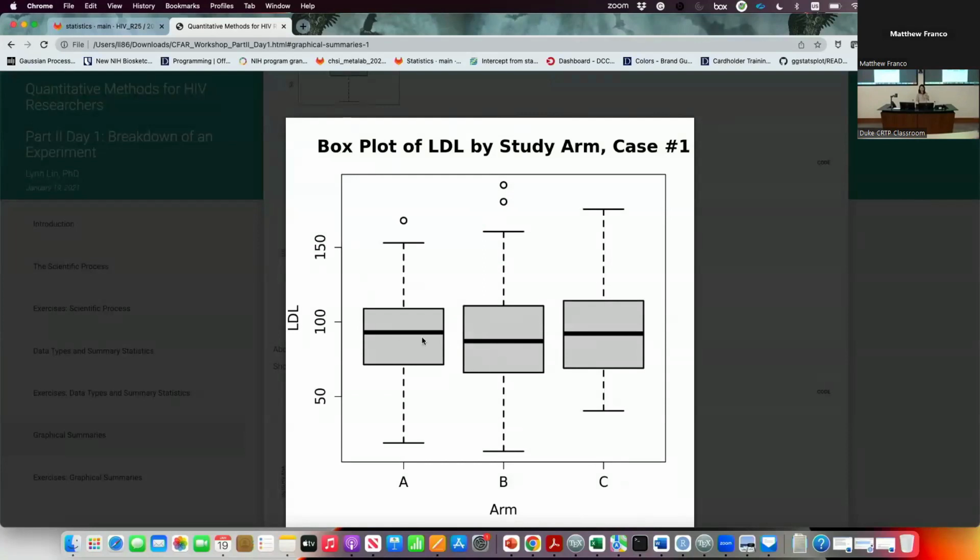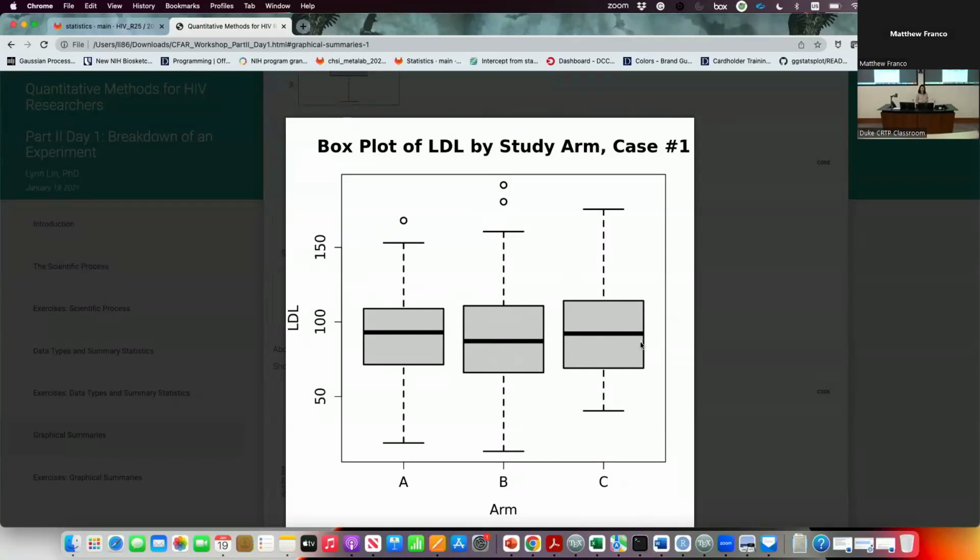So you can compare, okay, do they have an obvious difference among the median? What do you think of this? Do they have a difference in terms of the median? No, right? They don't have a visually significant difference among the median. How about the spread and so on? Are they similar, or are they extremely different?